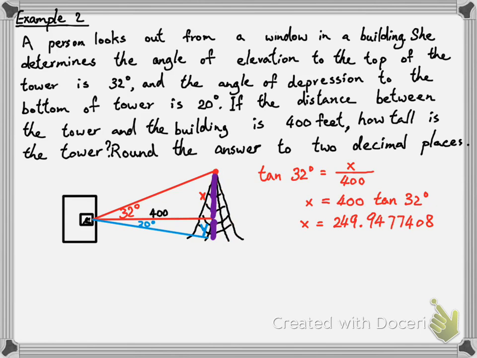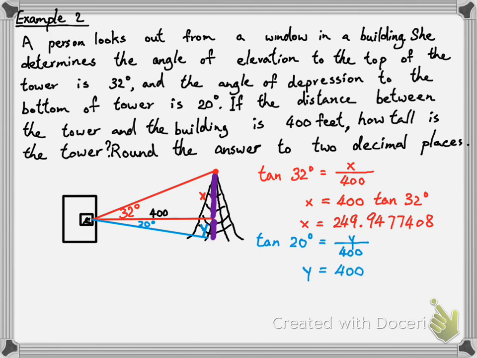Now, to find y, we think of which trigonometric function will use the opposite side and the adjacent side. That's right, it is tangent. So, tangent of 20 degrees equals opposite side y over adjacent side 400. To solve for y, we will multiply 400 to both sides of the equation.